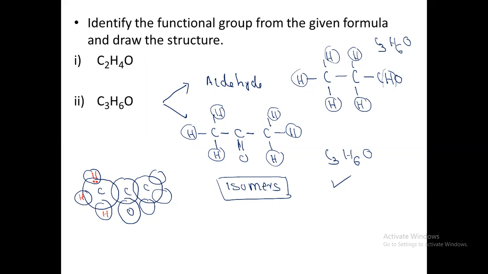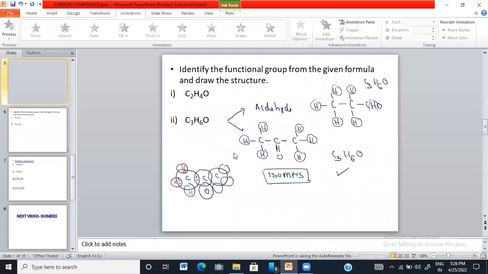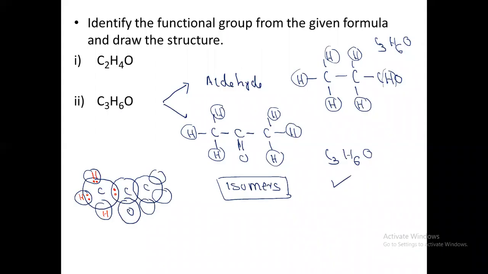Always remember H forms only single bonds. Put 1 pair; 1 line means 2 electrons, 1 bond. So C-C is a single bond. Now remember C=O is a double bond, so put 2 pairs here. It's a double bond, so 2 pairs.